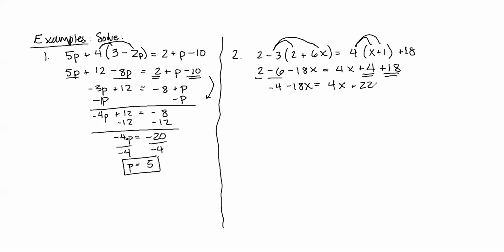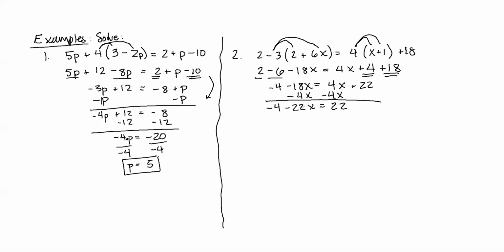And now let's move all of our variables to one side, all of the constants to the other. Just like I did last time, I'm going to move all the variables to the left. So I'll subtract this 4x. So we have negative 4. Negative 18 minus 4 is negative 22x equals 22.